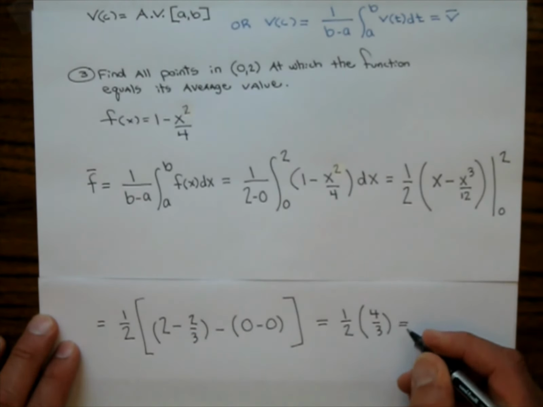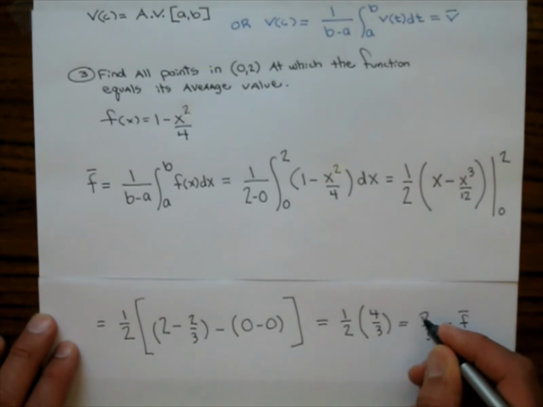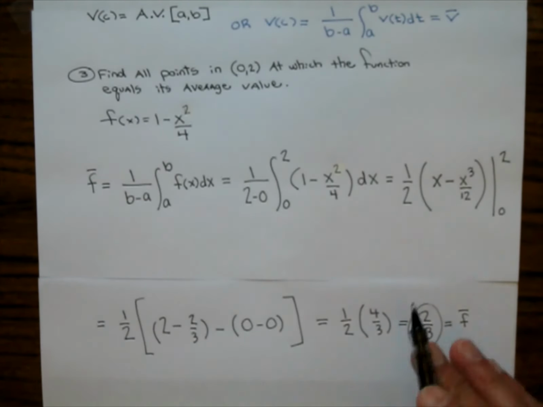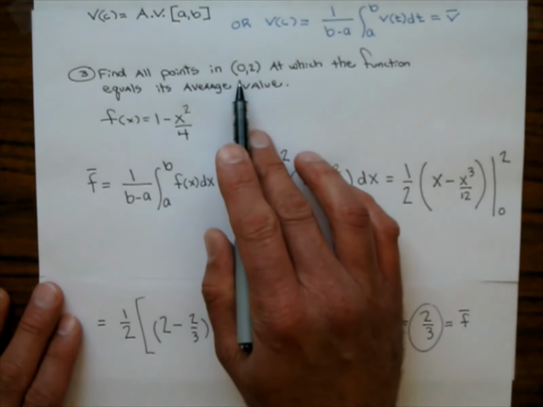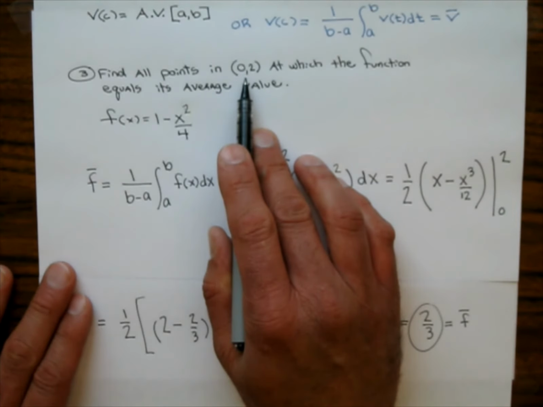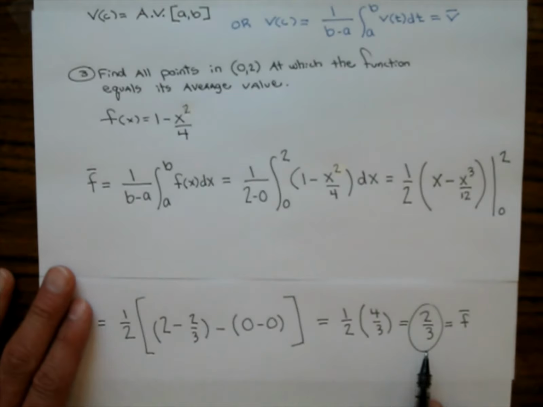We end up getting 2/3 for our average value of the function, or if you like, average velocity. Okay, so they're trying to say, the mean value theorem says that there is a time within this time interval where the velocity has a value that is 2/3.